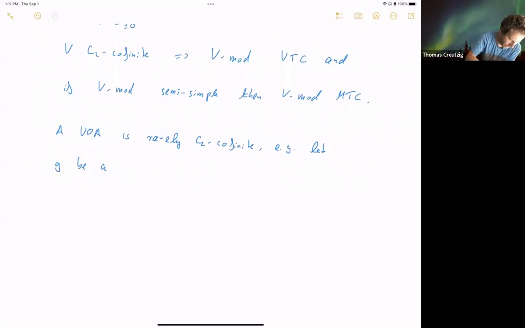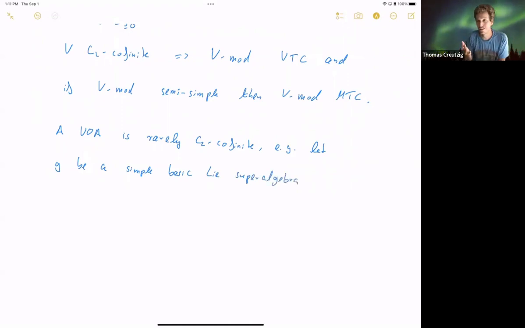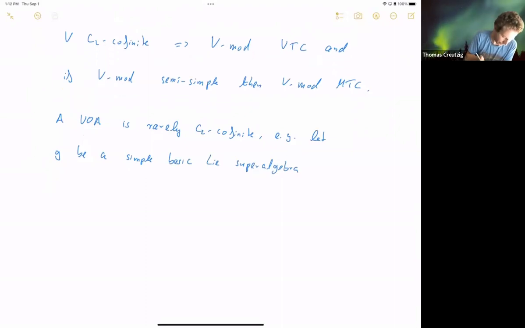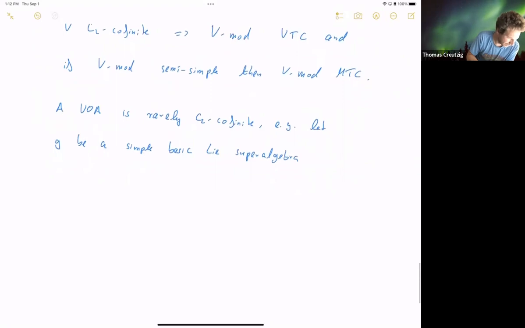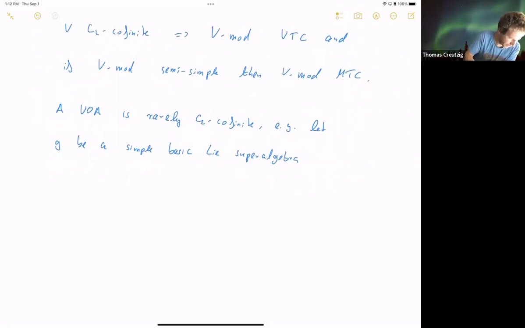So let G be a simple basic Lie superalgebra. Basic ensures in particular that we have a non-degenerate invariant linear form, so that we can do a nice central extension. So let G be a basic simple superalgebra, and then I denote by L_k(G) the simple affine VOA.